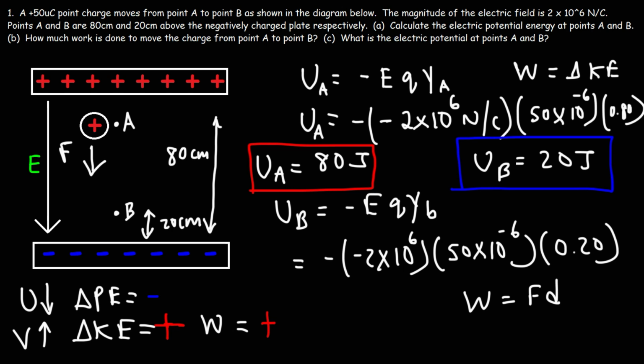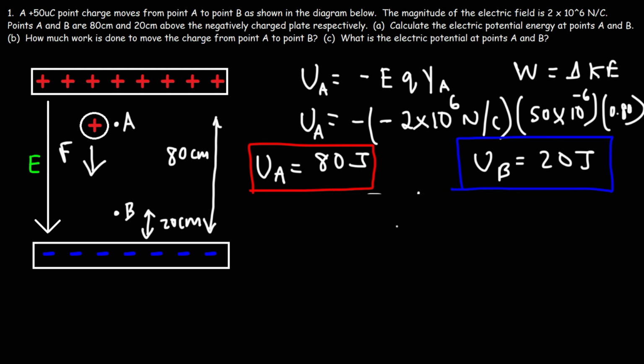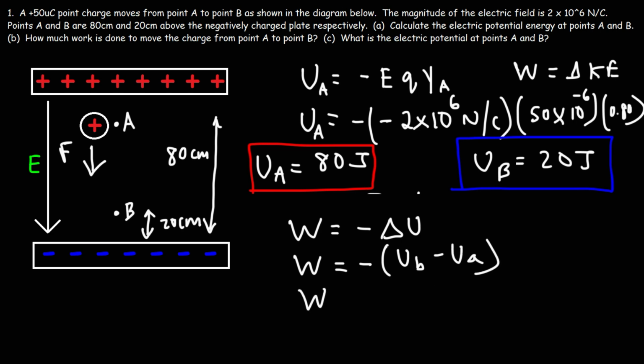But now let's go ahead and calculate the work done in this example. So work is equal to the negative change in potential energy. So that's going to be the final potential energy minus the initial potential energy. The final, or UB, is 20.